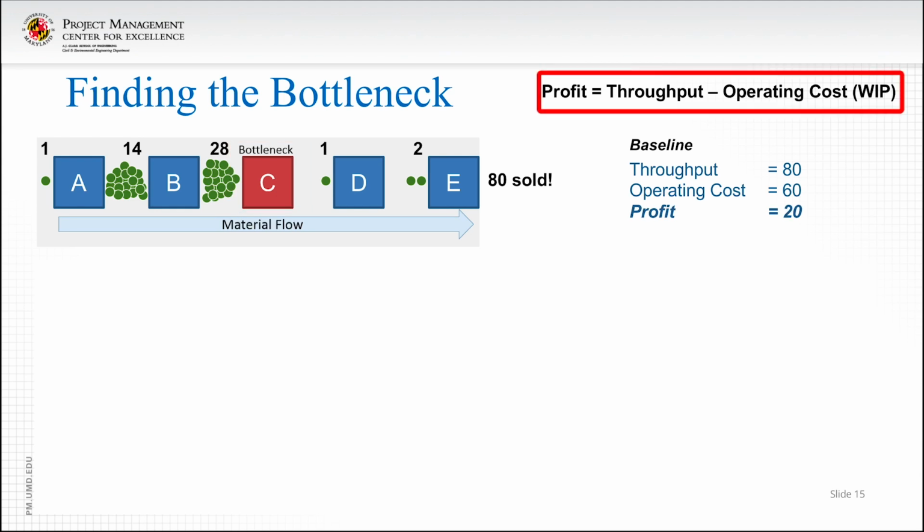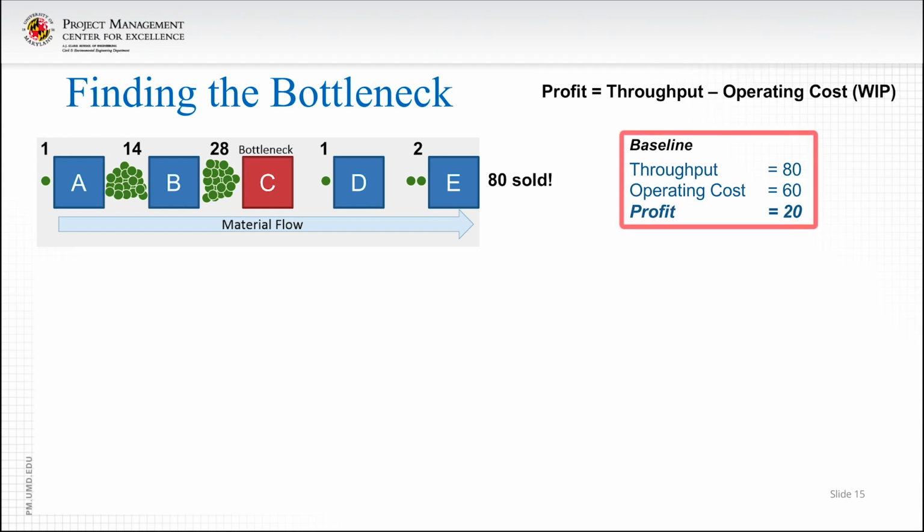If we understand that the organization is going to measure its profit as throughput minus the operating cost, we can simplify this to just the number of units sold minus the work in progress, or those dots that you see before each one of the processes. In the baseline scenario here, what I've offered is that we have a throughput of 80 sold, and at the same time, we'll have an operating cost of 60 items that are work in progress. So we have a profit of 20.